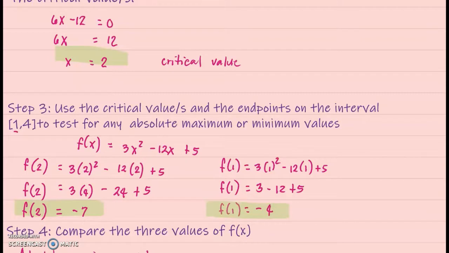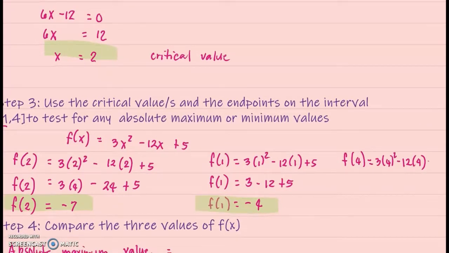Next, let's have f of 4. So f of 4 is equal to 3 times 4 squared minus 12 times 4 plus 5.